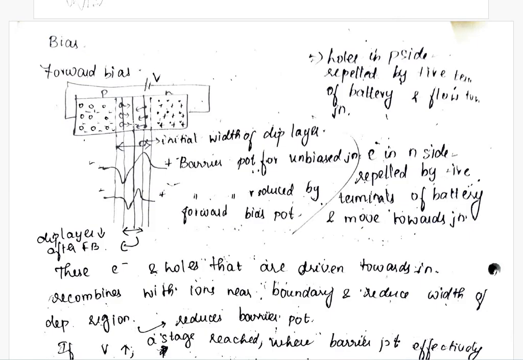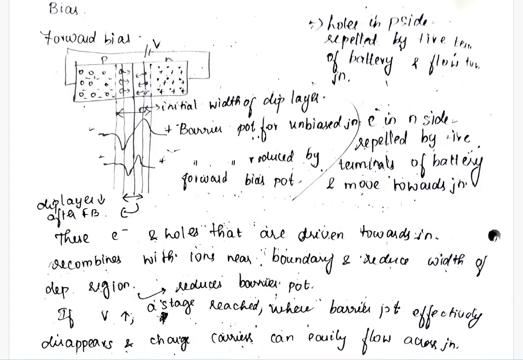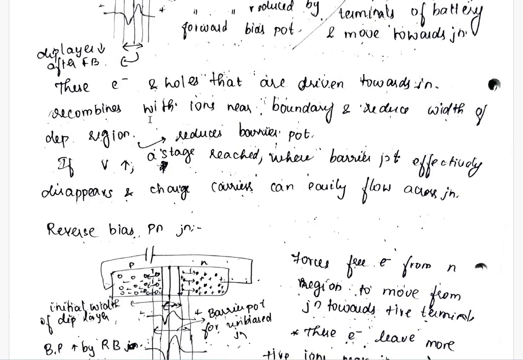So more recombination happens here. The electrons and holes recombine, and the barrier potential reduces. As we increase the forward bias voltage, more recombination happens and the depletion width reduces for the forward biased PN junction diode.